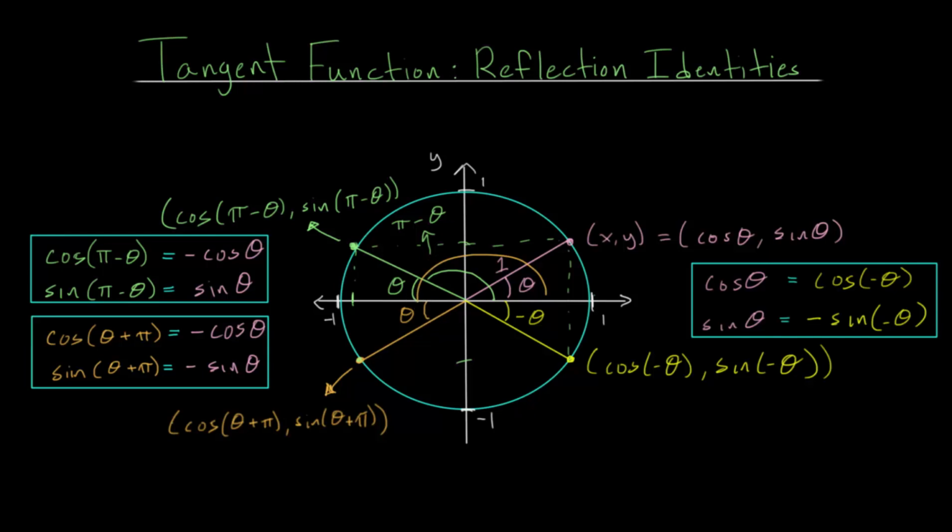So the entire angle is simply theta plus pi radians. Again, we compare that to cosine and sine of theta in the first quadrant by looking at their x and y values, and you can see that the x value is the opposite and the y value is the opposite. So all of these reflection identities are in the blue boxes.